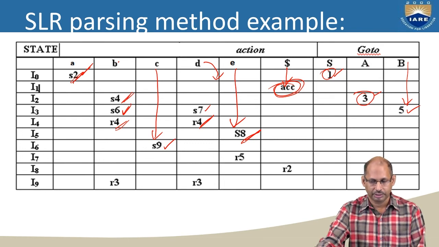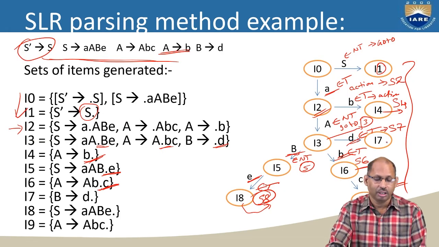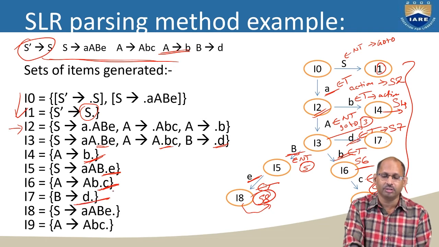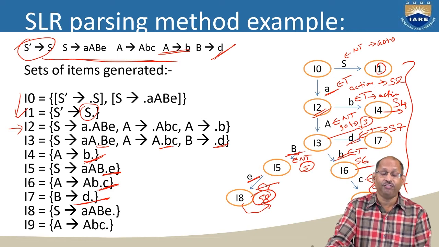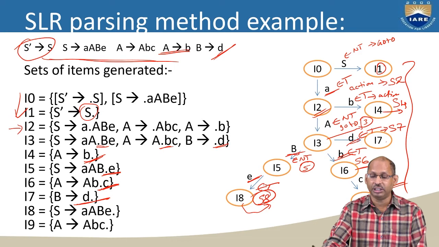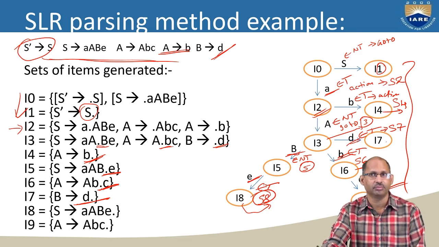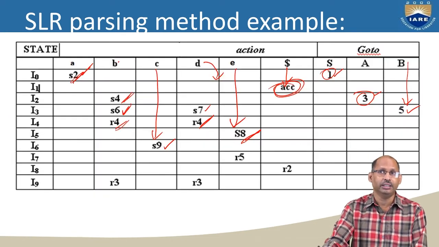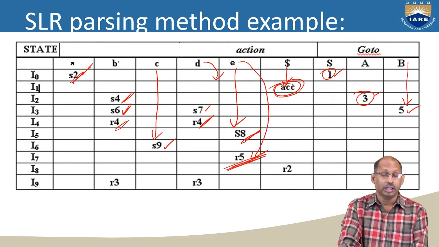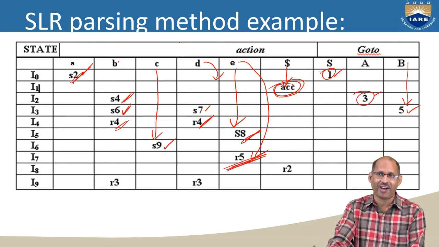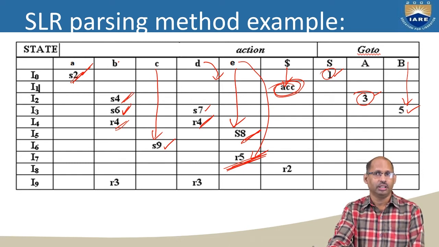Then what is I7? I7 is dot at the end. Which is the production number? Fifth production. What is the follow of B? We have seen already the follow of B is E. So in the E place, we write R5, reduce by production number 5 in the E column. Is it clear?